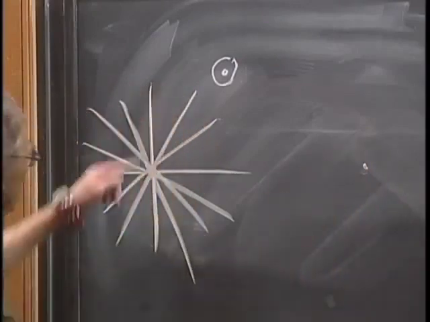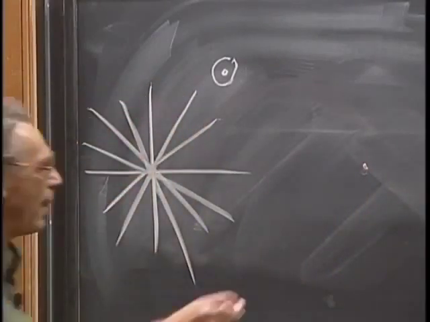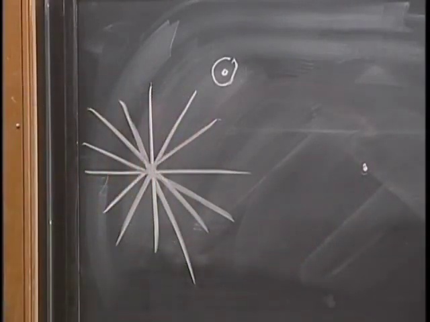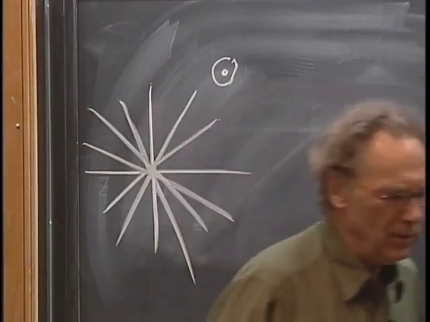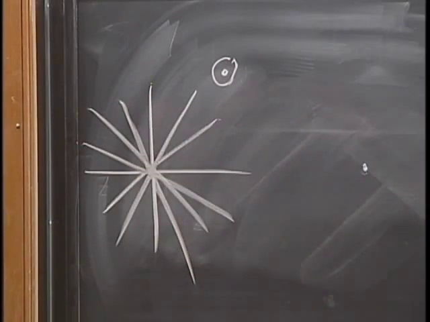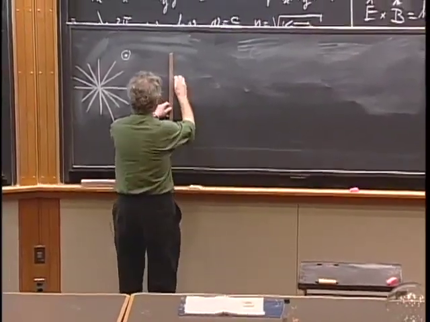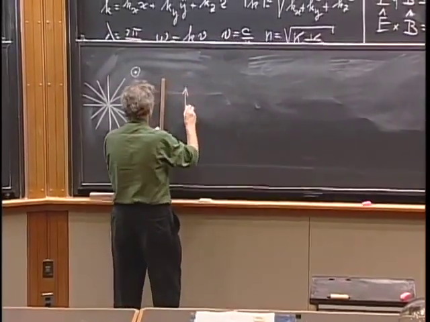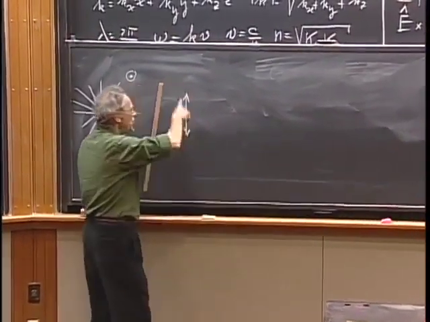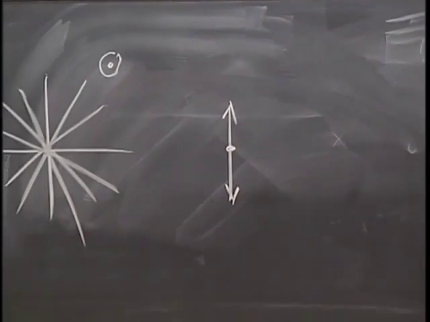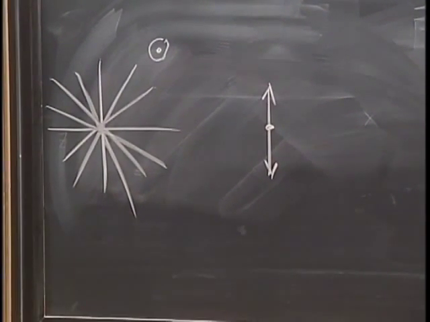Right here, this one, and here happen to be fine dust particles which have electrons, and these electrons are shaken up and down by that electric field. So what I'm drawing now here is the motion of that electron. The electron is going to be accelerated in a harmonic fashion.